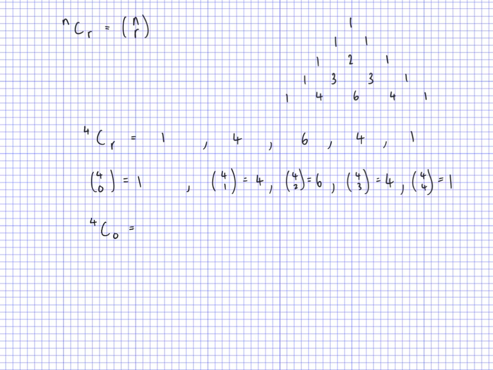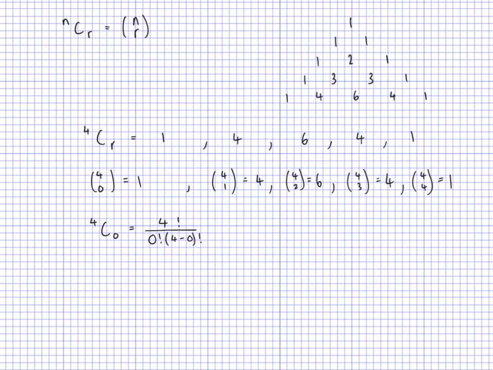4C0 is equal to 4 factorial over 0 factorial times (4 take away 0) factorial. Okay, 4 factorial is defined as 4 times 3 times 2 times 1.